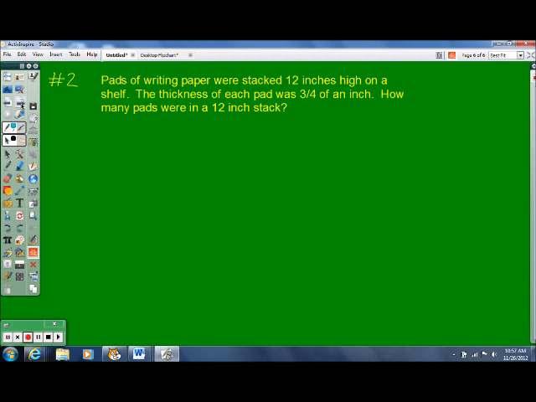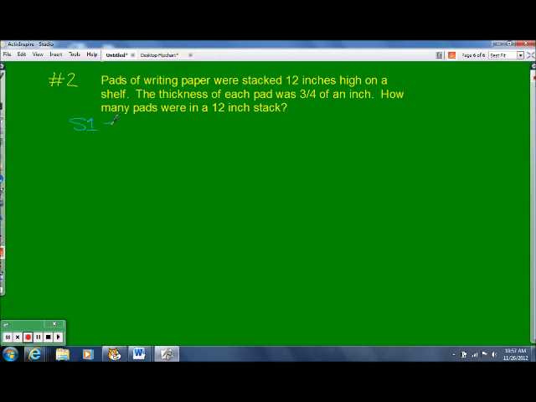All right, so you've had a chance to kind of work out this problem. Step number 1 is, what is it asking us to do? How many pads are in a 12-inch stack? Okay. Step 2, what do we know? Well, we know that the stack is 12 inches high.